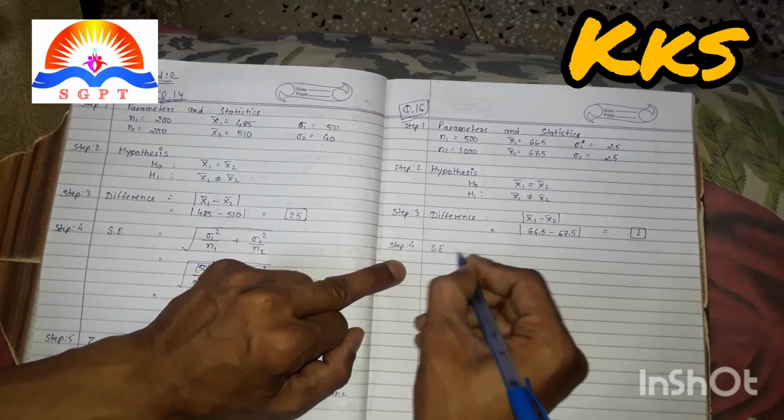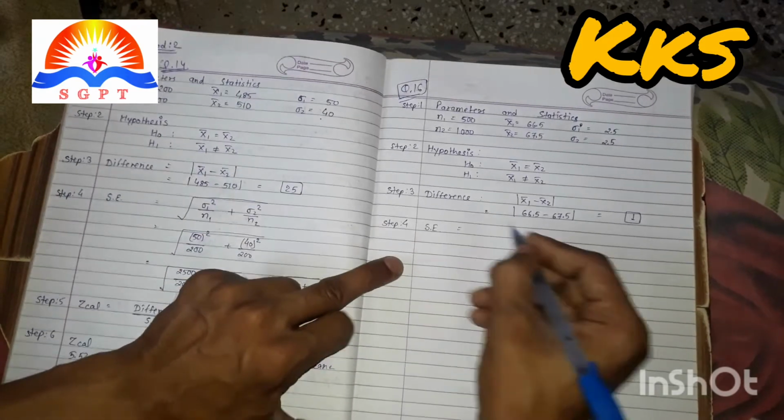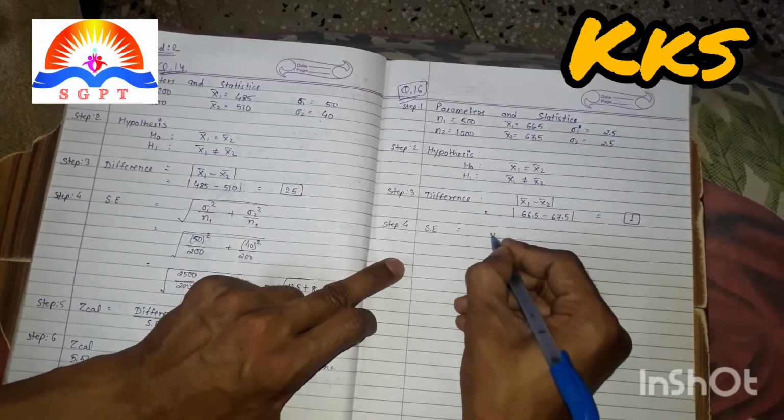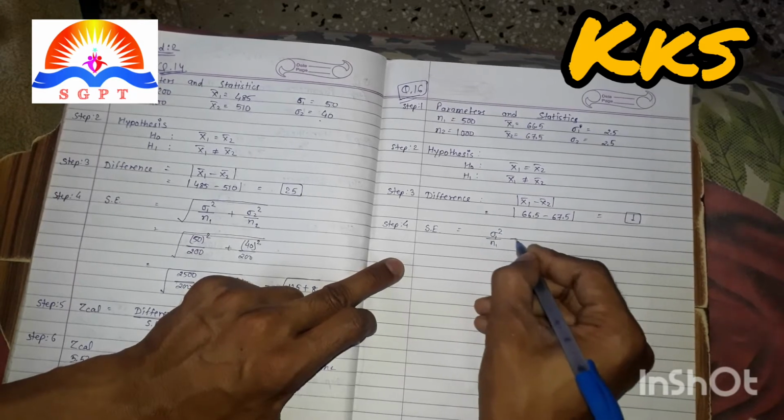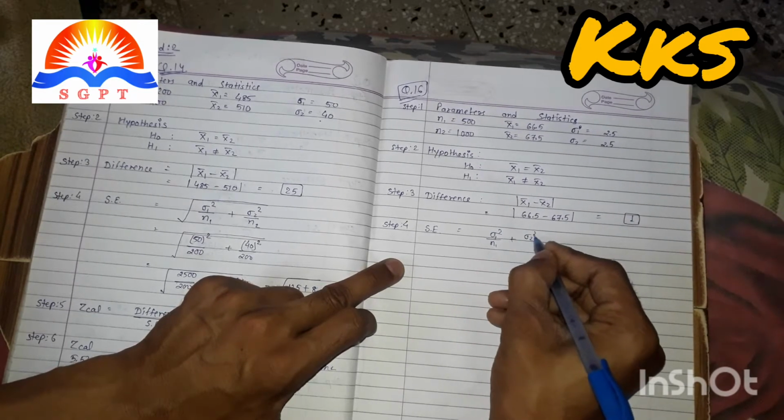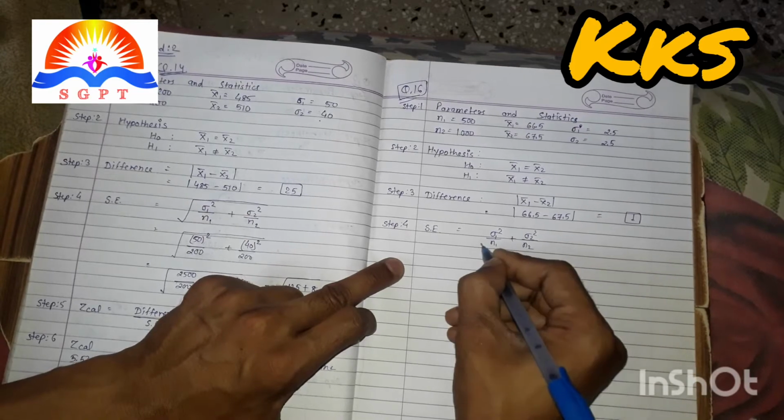Then S is the standard error. Standard error will be the square root of sigma 1 square upon n1 plus sigma 2 square upon n2.